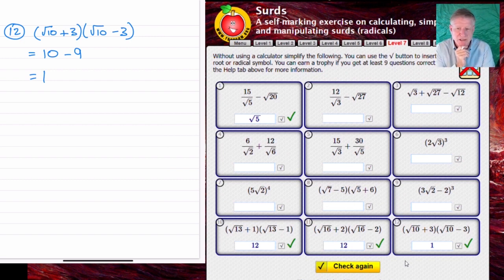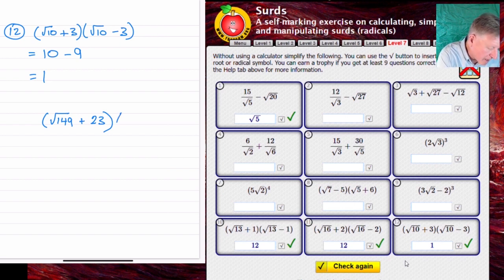Now this is very useful because it means that if you have something like, let's make up a really difficult one, root 149 plus 23, and you multiply it by root 149 minus 23, without doing the work, I already know that the answer is just going to be a whole number, a rational number.